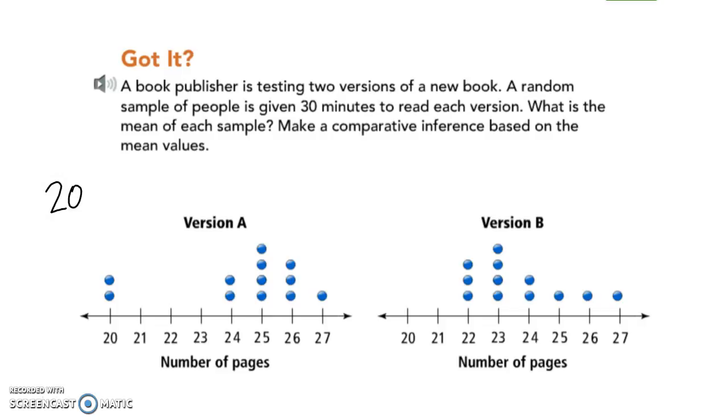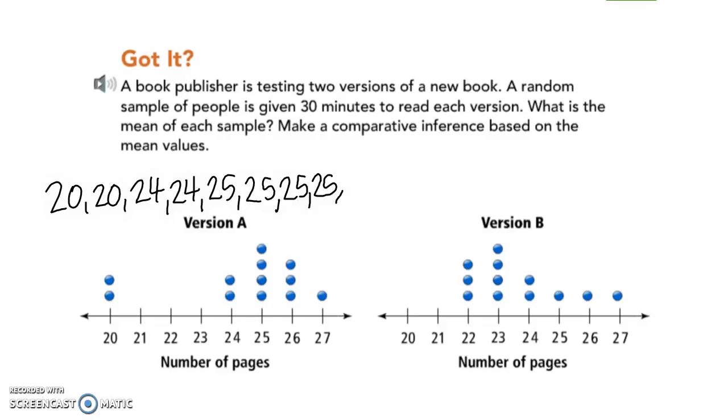So 20, 20, 24, 24. They're going to have 5 25s, 3 26s, and 1 27. So I add them up in my calculator.